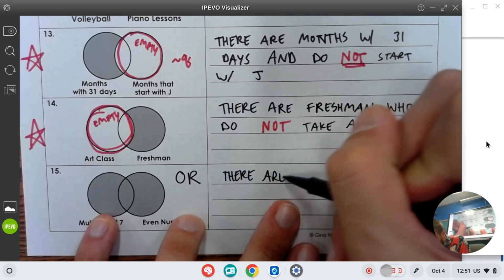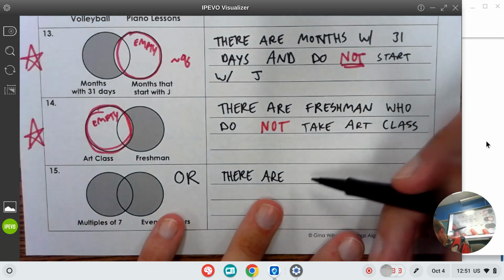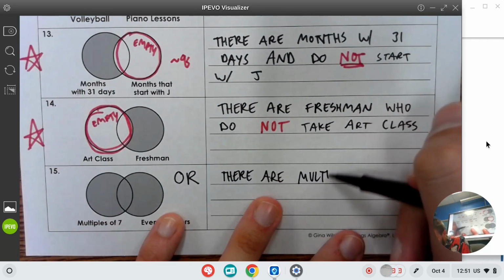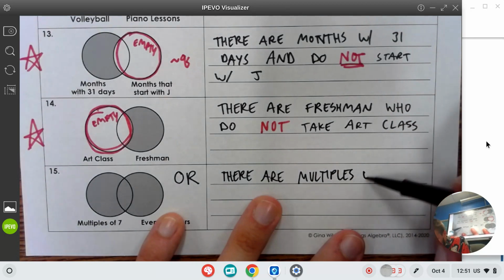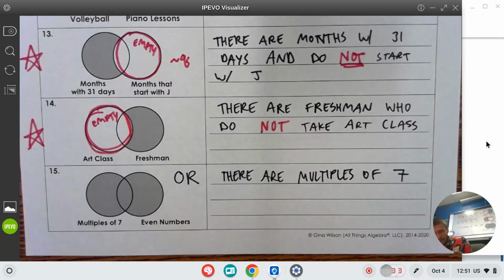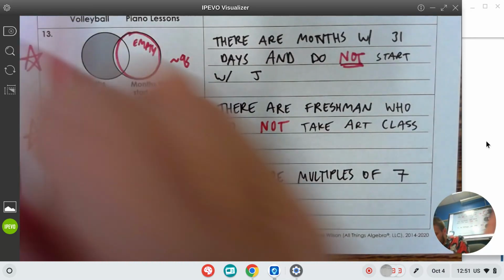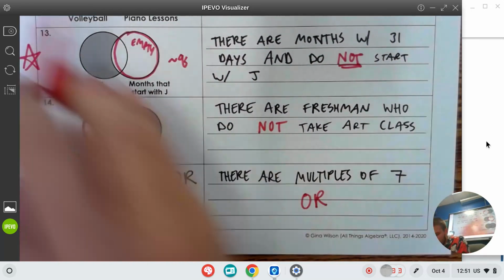there are multiples of 7. Then we hit them with a big or, because this is clearly an or picture where everybody's winning, right? And I'll just do a nice big one here.